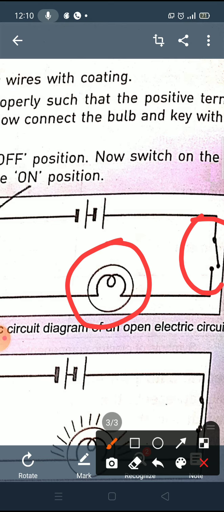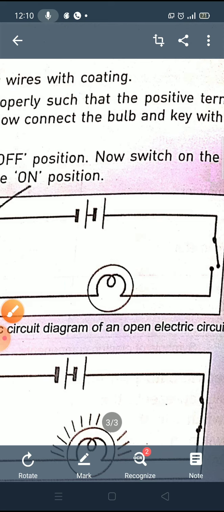It is a circuit in which electric current will not flow, because at some point it is broken. It is called an open circuit. So no current will flow through an open circuit, so the bulb will not glow.